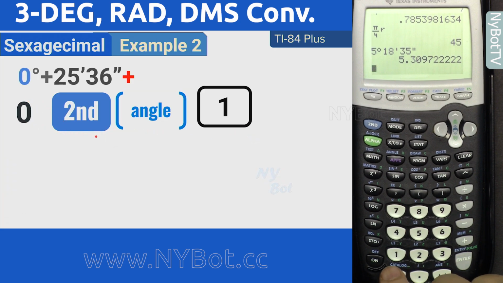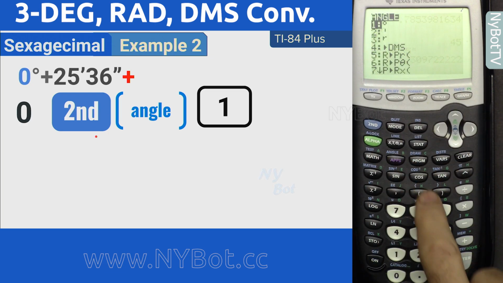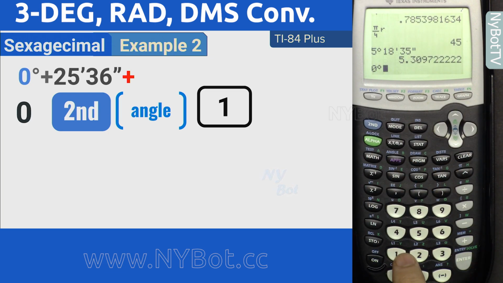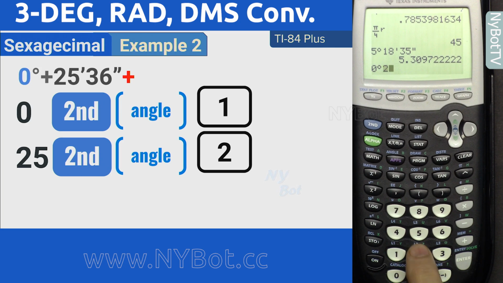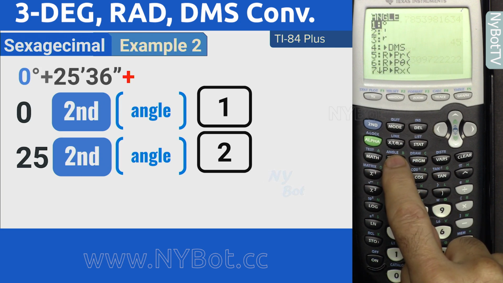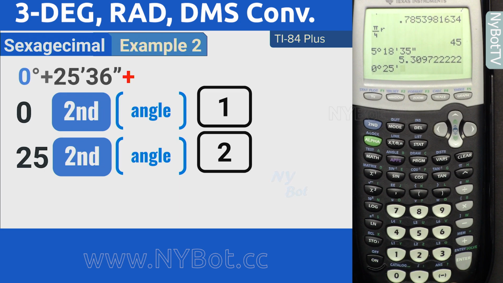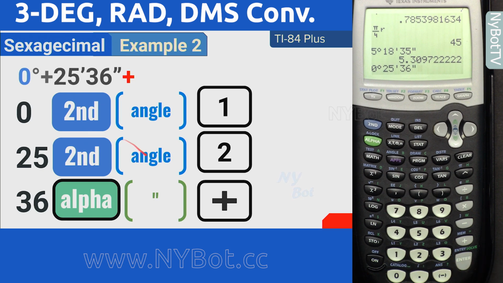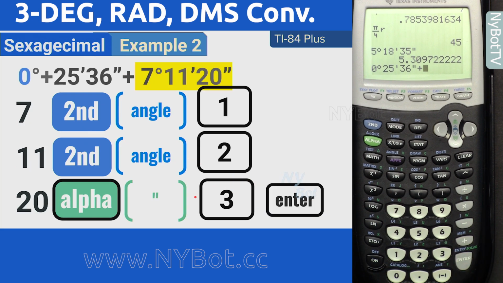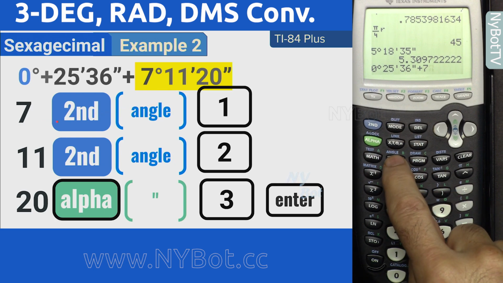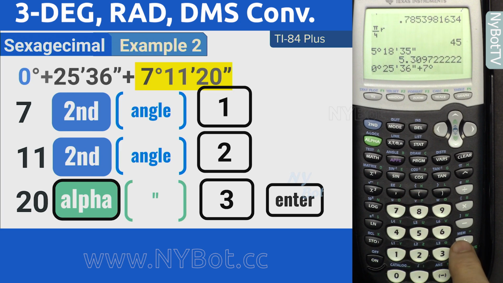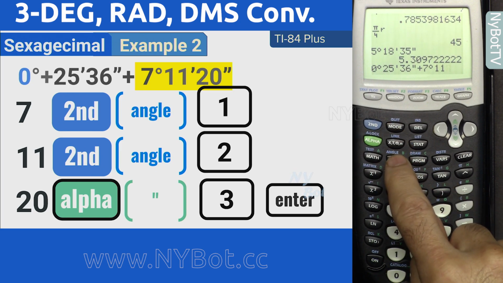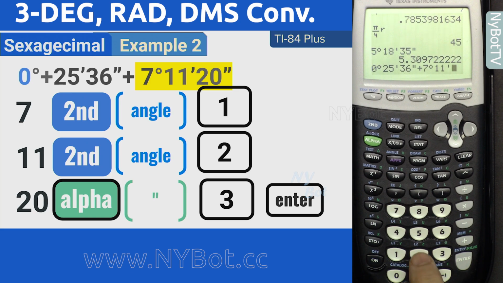Now let's do 0, second function, angle 1, and then 25, second function, angle 2, and then 36 alpha, then plus, and now we do this portion, 7 second function angle 1, 11 second function angle 2, and then 20 alpha quote.